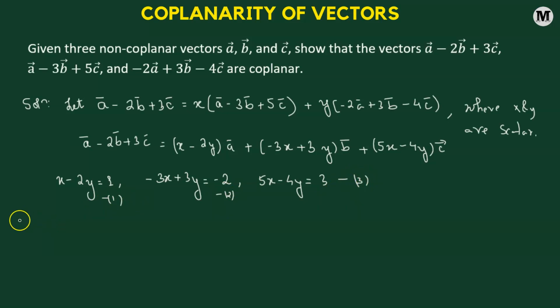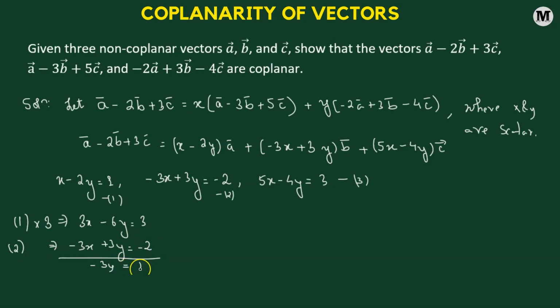Now we'll take equation 1 and multiply with 3 throughout to get 3x − 6y = 3. Then equation 2 is −3x + 3y = −2. Adding them, we get −3y = 1, which means y = −1/3.